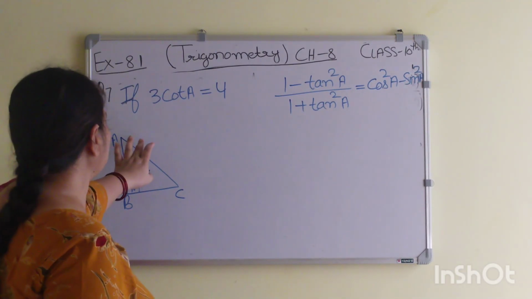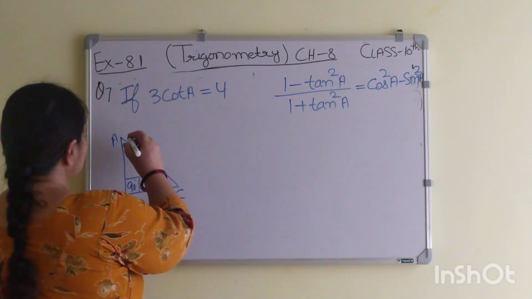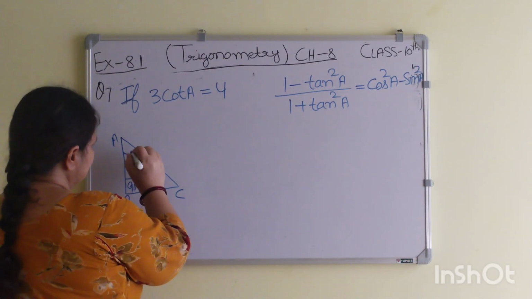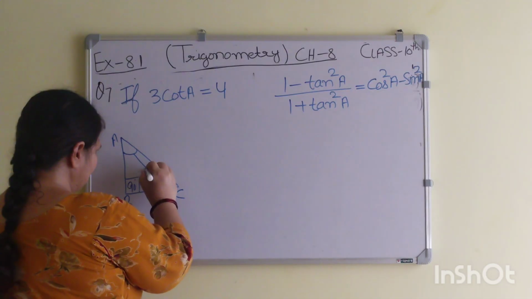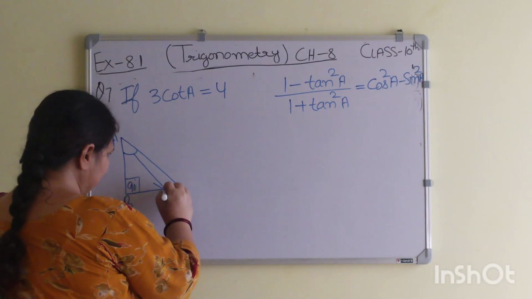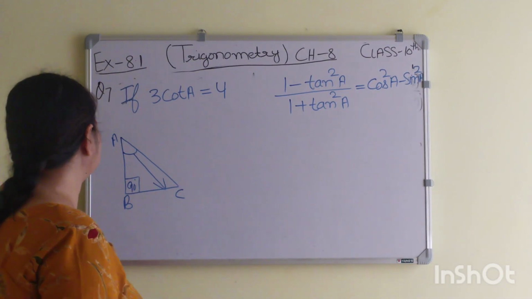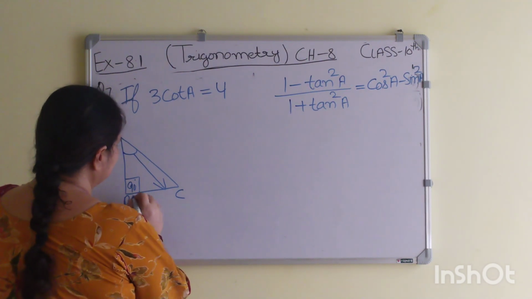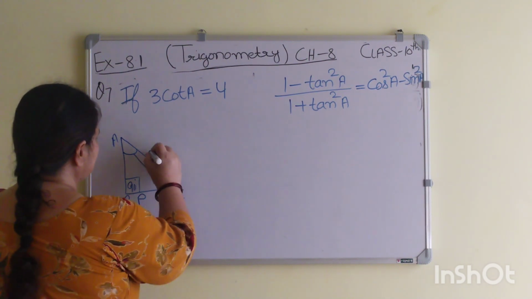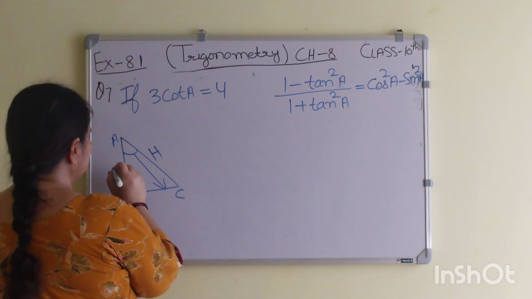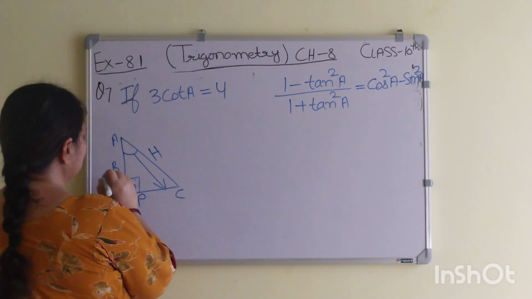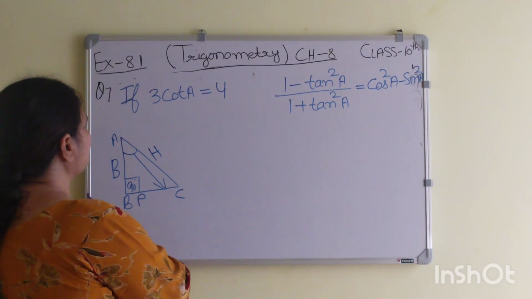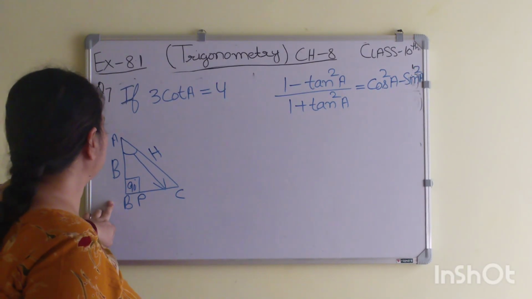Now, for cot A, this is the acute angle, and the opposite side of this acute angle will be the perpendicular, this is the hypotenuse, and this side is equal to the base.